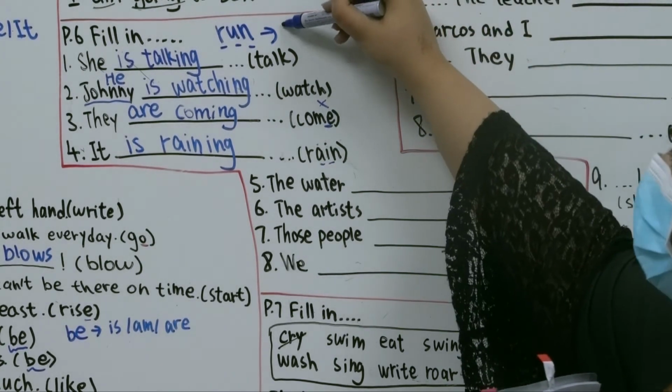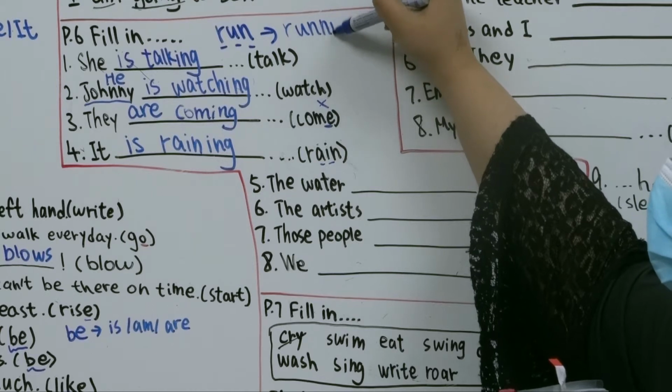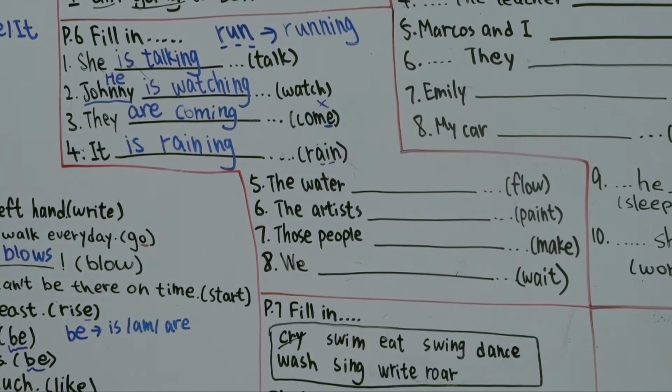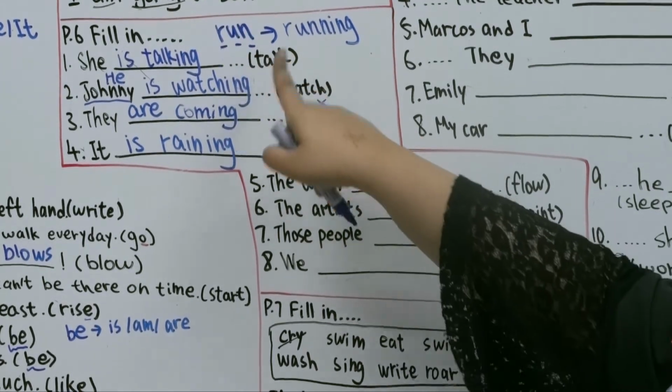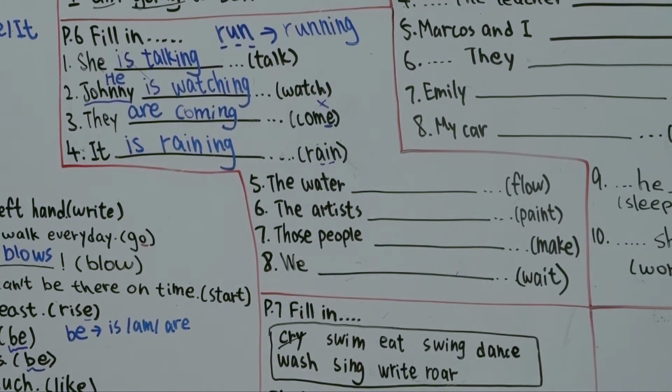We double the last consonant, becomes running. Because there is stress here. Run, right? So that's why we double the N. But if there's no stress at all, then you can just add ing. Let me tell you the meaning of no stress.